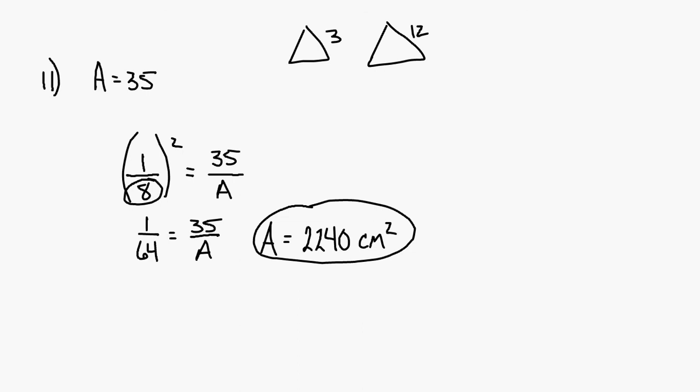And number 12. Number 12 says that Mr. Hardy raises earthworms. Be a good business to get in. In a square compost 4 feet by 4 feet. So you got a square.